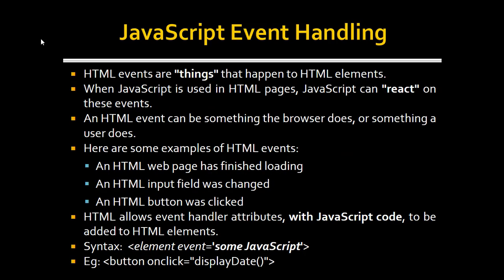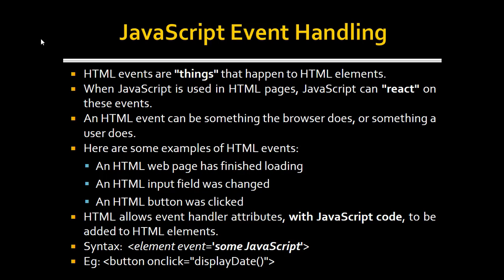HTML events are things that happen to HTML elements. When JavaScript is used in HTML pages, JavaScript can react to these events. That is, we can call appropriate functions when an event gets fired. An HTML event can be something the browser does or something a user does.